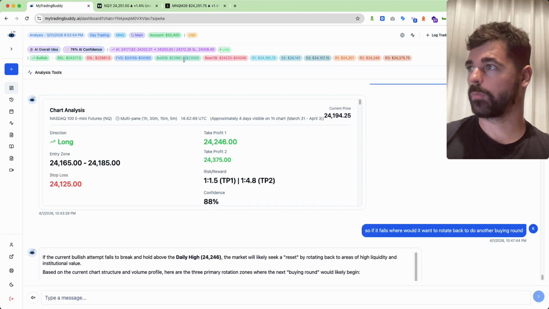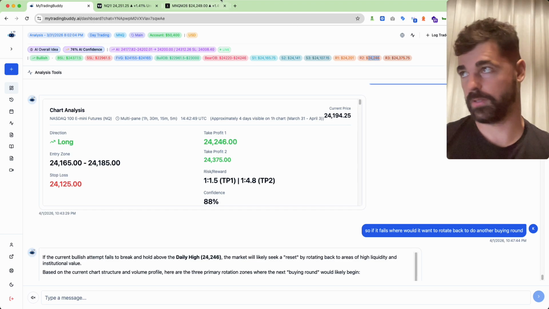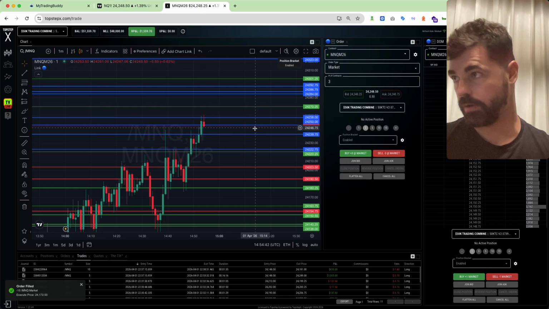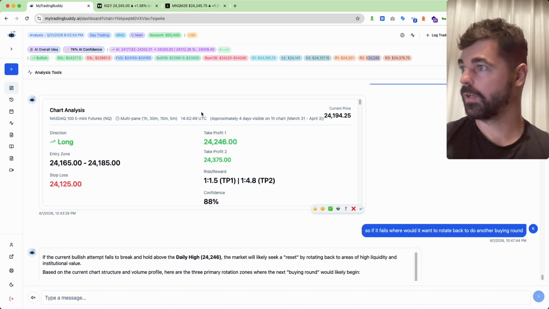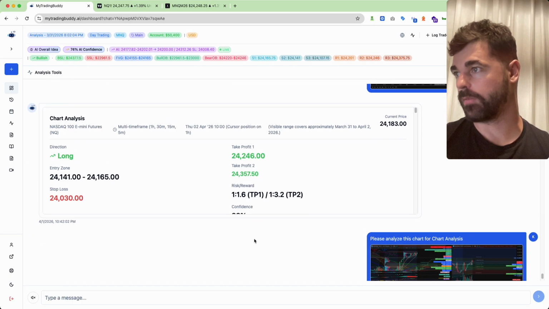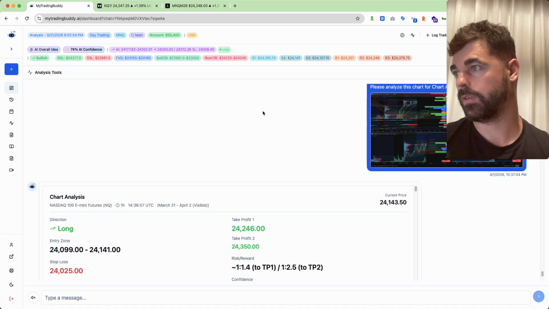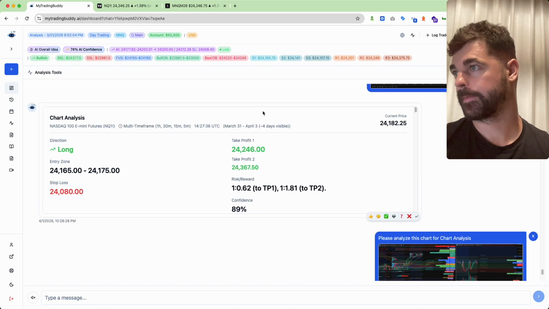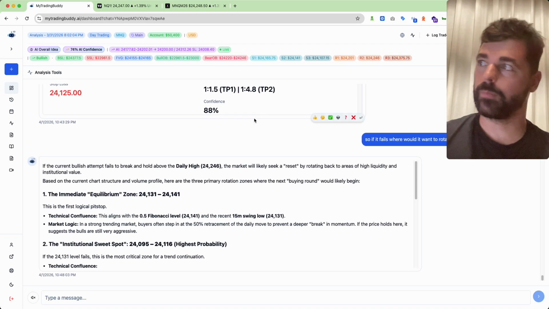But you have order blocks, bearish, bullish, support, resistance. 46 was the previous resistance, so it should, in theory, bounce here if it keeps going to that TP2. You don't know though. And 375 could be the goal. We're getting a lot of 350, 375, 375, 350, 360. So yeah, that's how you'll use MyTradingBuddy.